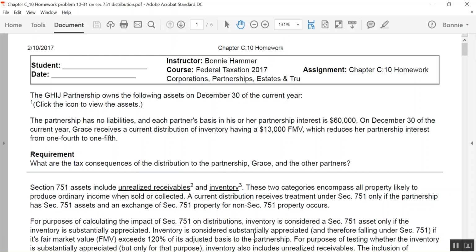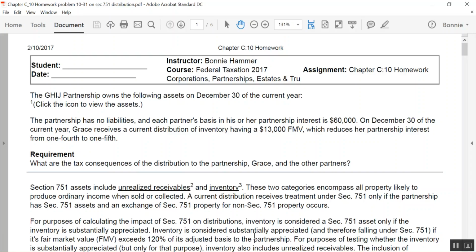Also, it needs to be a disproportionate distribution, not a distribution that's proportionate to all of the partners. For example, one partner may get diluted as a result of the distribution, so their partnership interest goes down from, say, 25% to 20%.